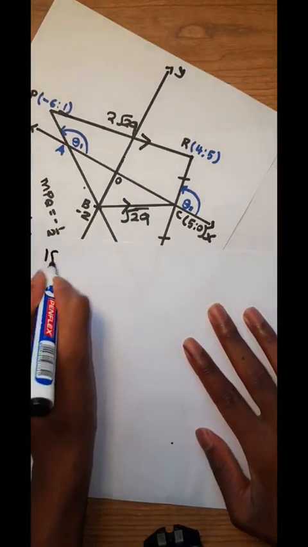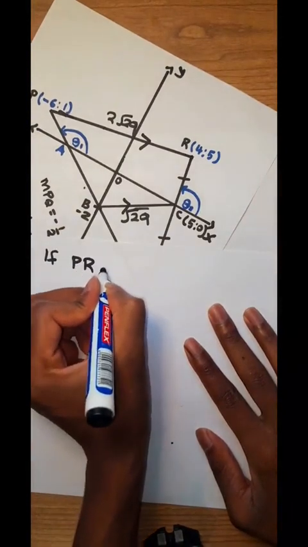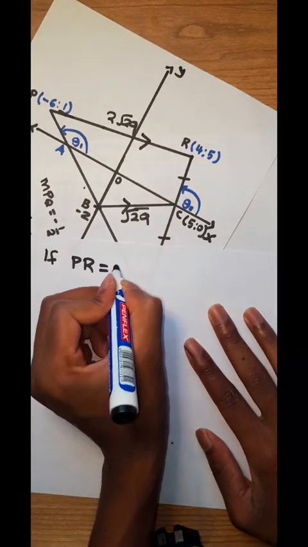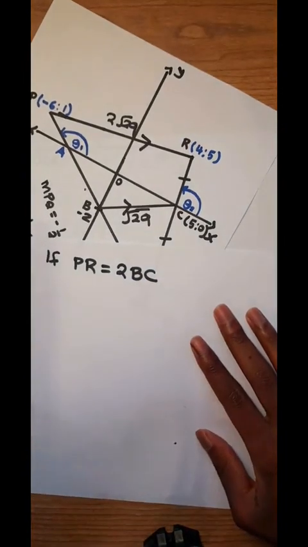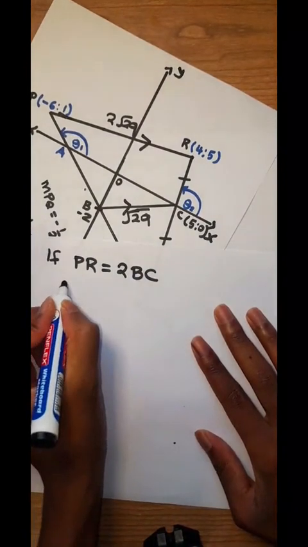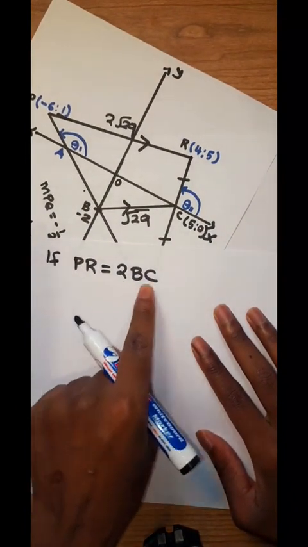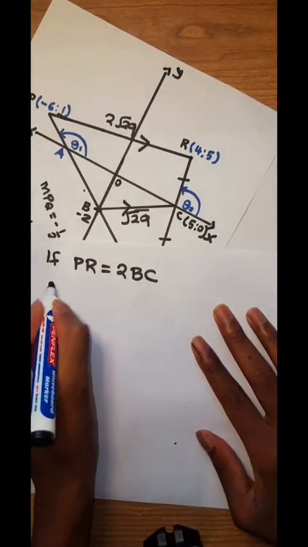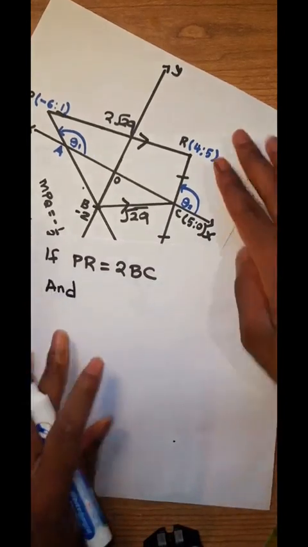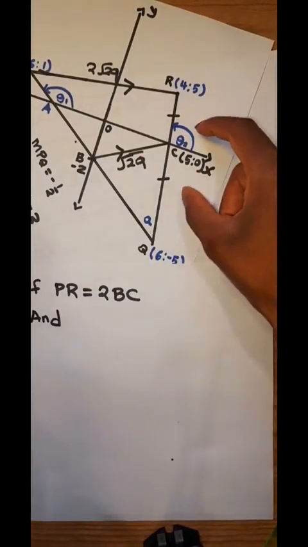So to prove that BC is parallel to PR, we need to say, okay, if PR equals 2 BC, right? And you can see these ones are marked, right? They told us that these two are midpoints, right?